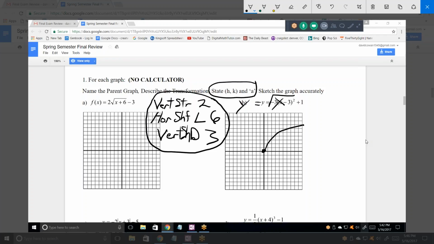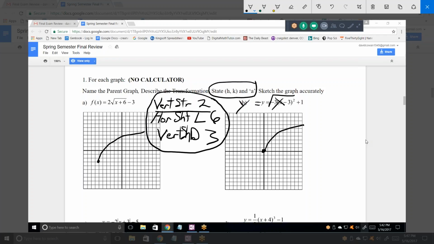So if I go left 6 and down 3, where am I? Right there. That's my new starting point, and basically going to be exactly the same shape as this, although that's without the vertical stretch. In other words, the only thing I've done is the horizontal shift and the vertical shift at this point.